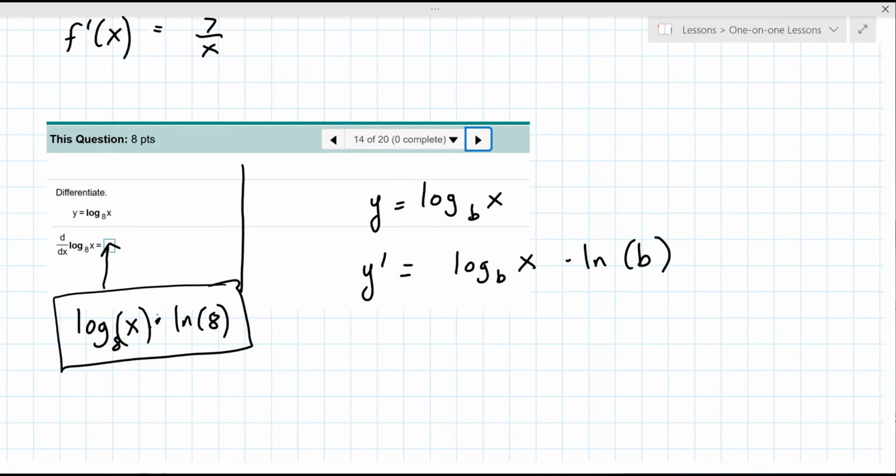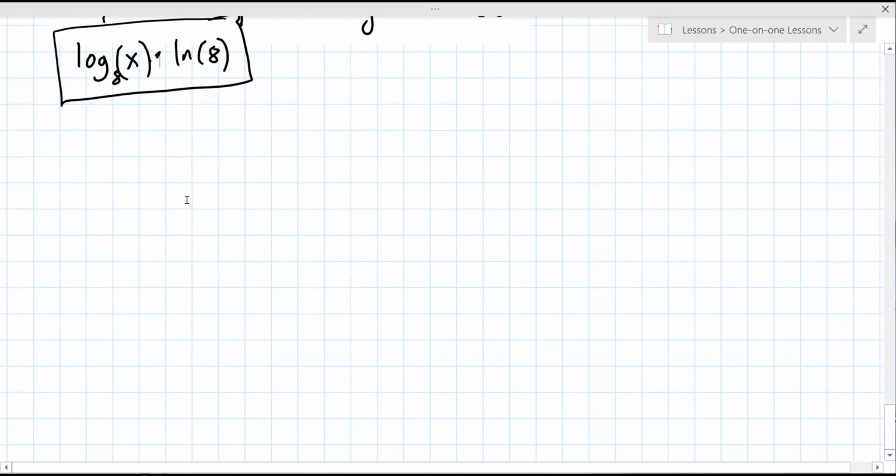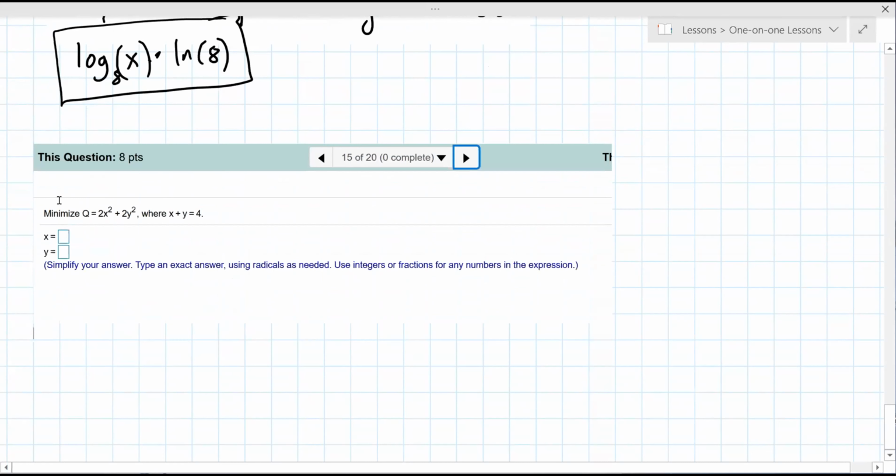All right. 15, please. 15. Okay, minimize q equals 2x squared plus 2y squared, where x plus y equals 4.